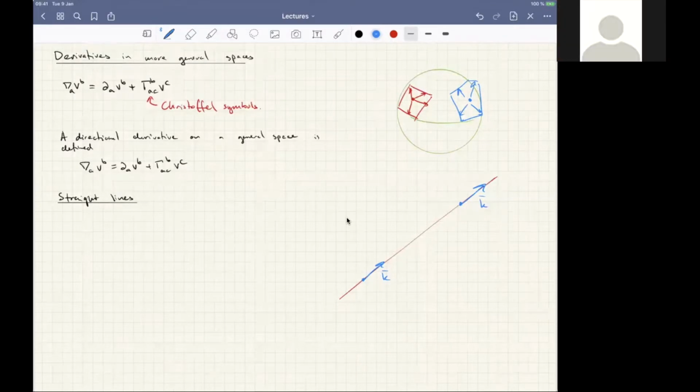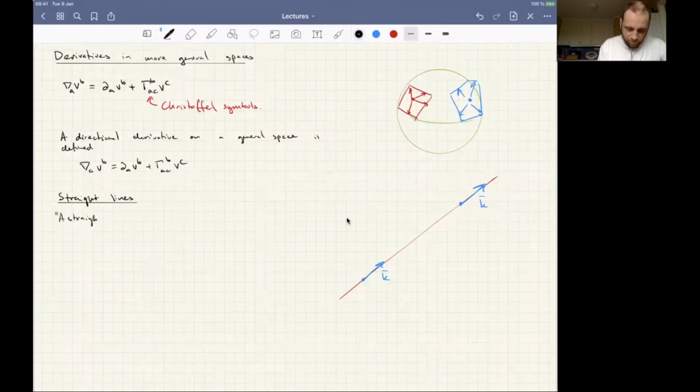So they're pointing in the same direction. This is the alternative definition of a straight line that I'm going to look at first, and then we'll come back to the definition in terms of the shortest path. So once we have a derivative such as the one that we just defined, we can define a straight line as a curve with constant tangent.